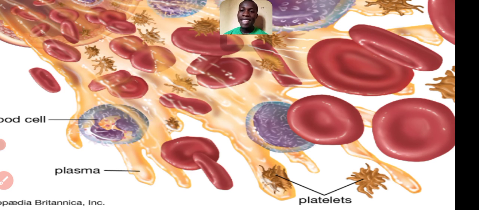A platelet is a very fragile cell within the blood, and it participates in clot formation. This is very unique. If you were to cut yourself, sometimes within about 2 minutes we see that the area is sealed up and blood is no longer flowing to that area.